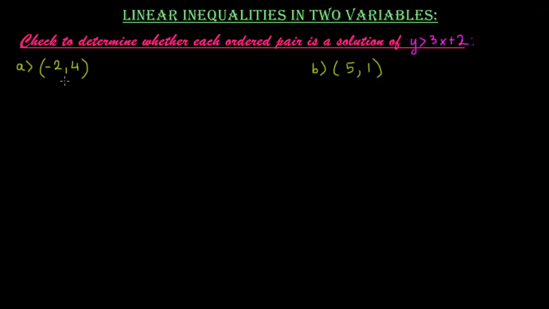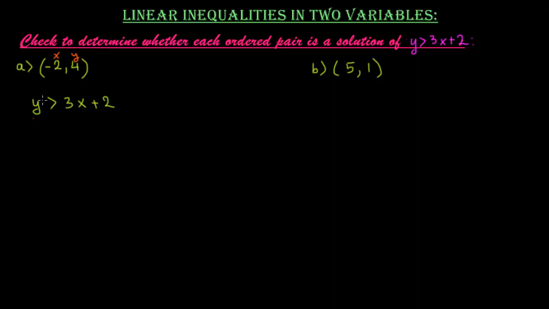They give you a point: negative 2 and 4. To check the solution, we plug the x and y values of this pair into the inequality.